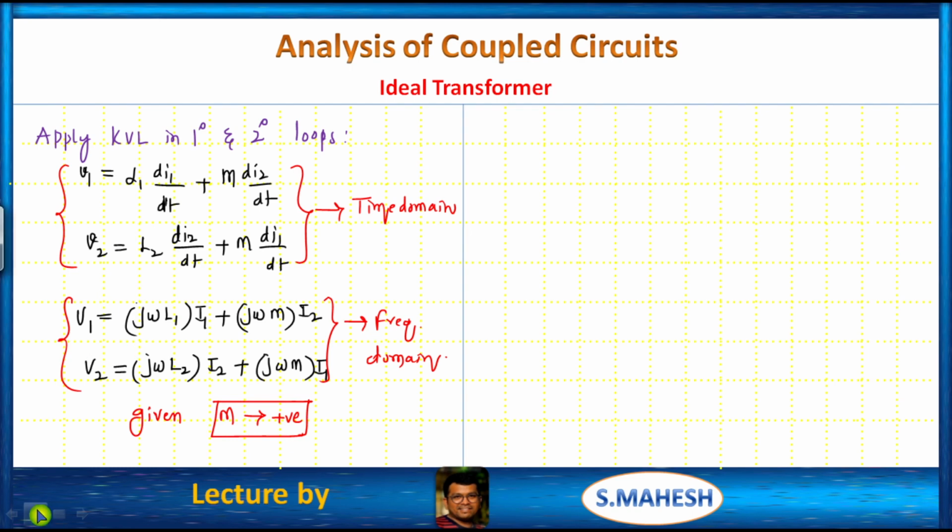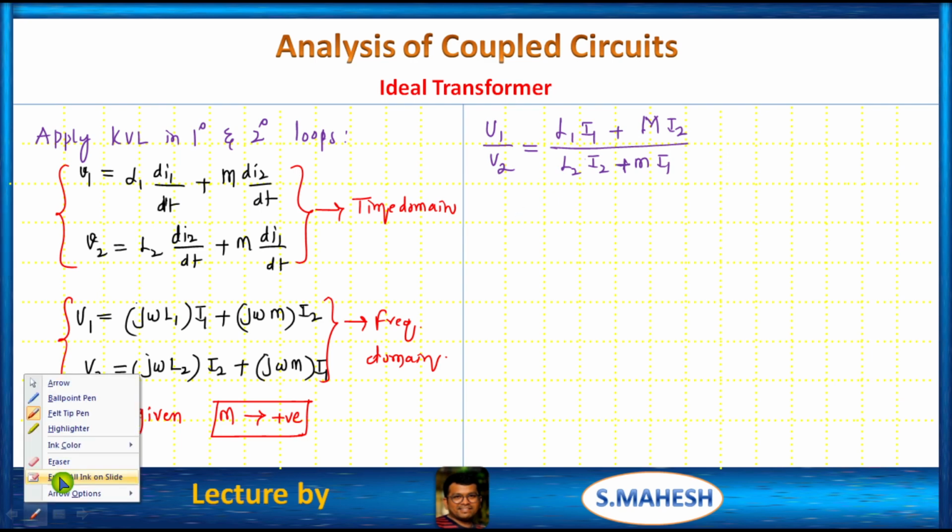So from this, let us find V1 by V2. J omega gets common, right? Therefore finally we have L1 I1 plus M I2 by L2 I2 plus M I1. What about K? K is 1 for an ideal transformer. We don't have the value of M, right?